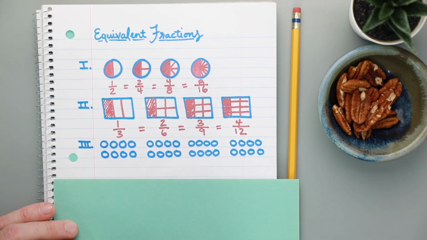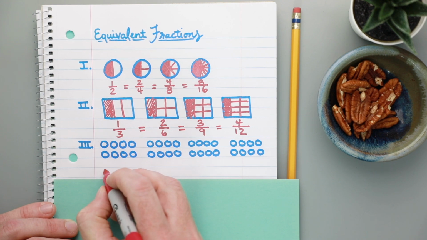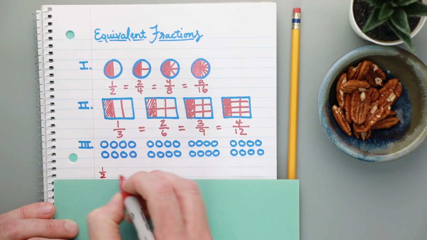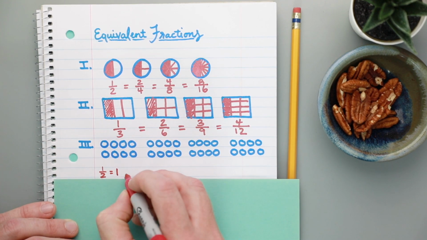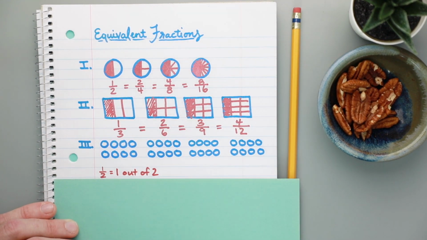It's important for us to understand that it's not just with filling in shapes that we can show our equivalent fractions, but also with sets. Here I have 1, 2, 3, 4 sets of 8 circles. If I want to do 1/2, another way to say that is 1 out of 2, or 1 out of every 2.